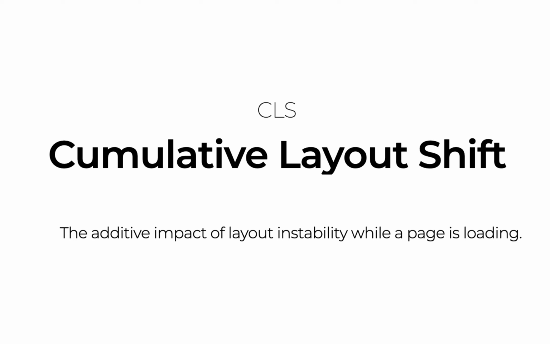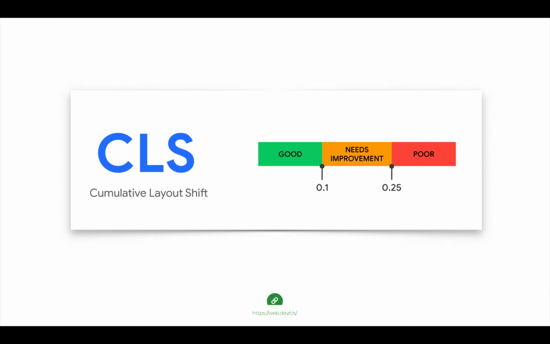Another important metric to consider during these initial paints is CLS, or cumulative layout shift, which tracks the layout shifts in the page and their additive impact on how stable the layout is as it loads. Unlike prior metrics, CLS is more of a score, and 0 is good, whereas numbers above 0 start to creep into areas where you may need improvement, like 0.1, or poor when you get into the 0.25 range and up.